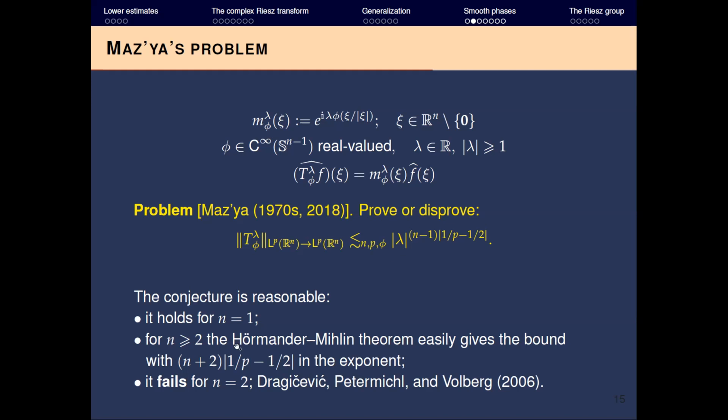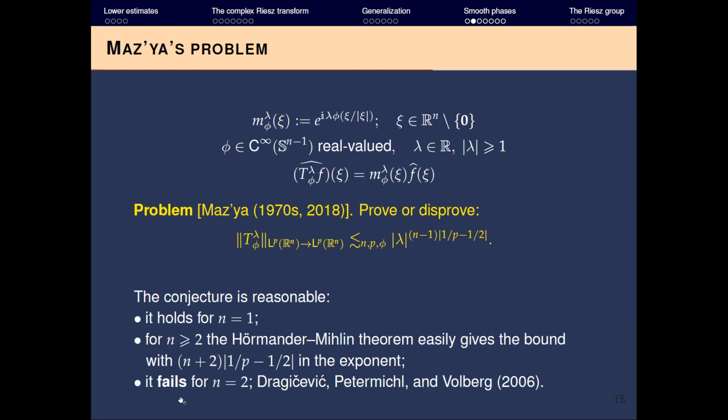In higher dimensions, just any standard formulation of the Hörmander-Mikhlin theorem easily gives an upper bound that in the exponent has the same quantity times maybe n plus 2 or something else. If you consider slightly sharper versions of the Mikhlin multiplier theorem, you might lower this easily to n plus epsilon or something like that. But it's not really clear if you can lower it down to n minus 1.